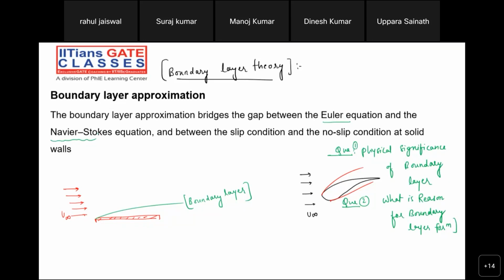That means it is differentiating the gap between the slip condition and the no slip condition at the solid walls. At this point of time, you might not get anything from these three lines, but just note down, in the next slide I will discuss all these definitions. Very quickly, just make a note of it.